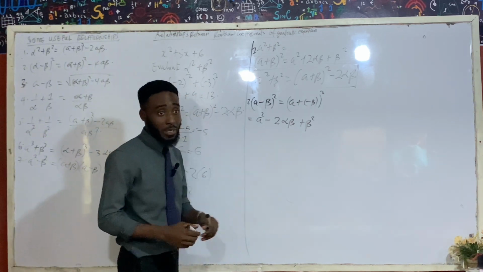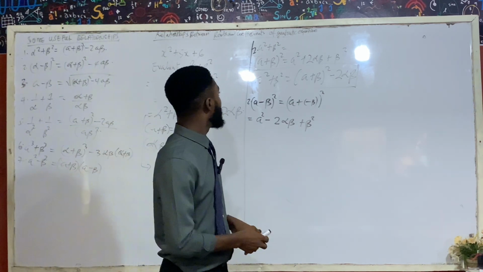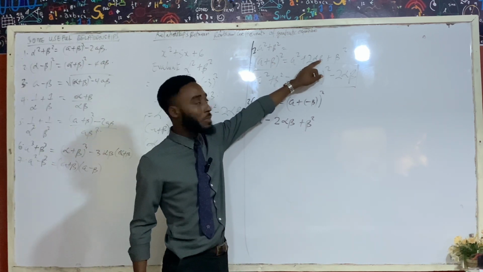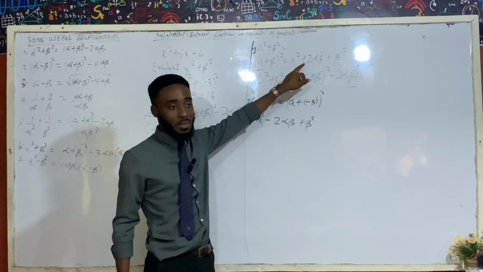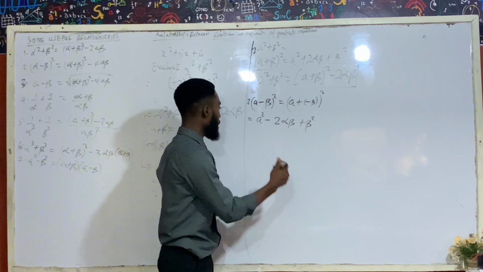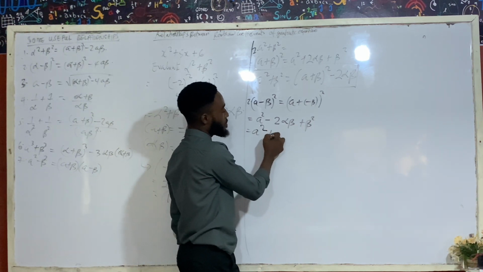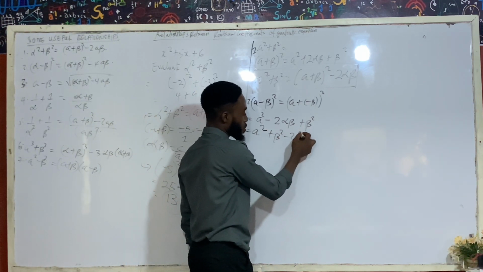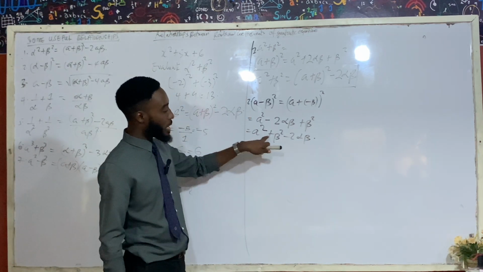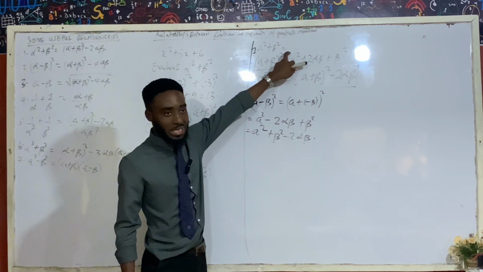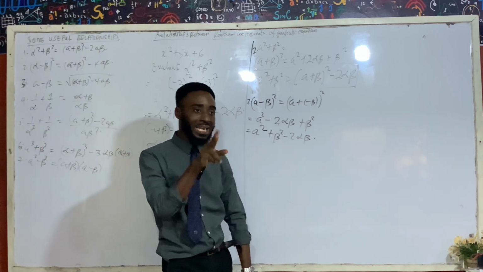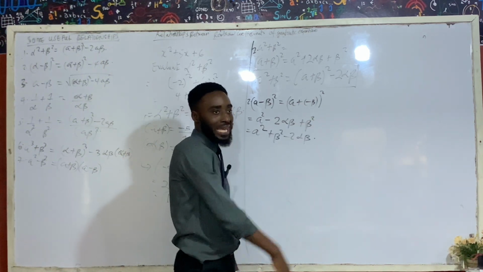Is there a 2? Yes, it's from this side. But since our b is now minus, it becomes minus 2ab instead of just 2ab. Can I move on? Are you sure? So now I have alpha squared plus beta squared minus 2 alpha beta. But this alpha squared and beta squared is also the same. You are trying everything possible to have just alpha plus beta and then alpha beta at the other end.